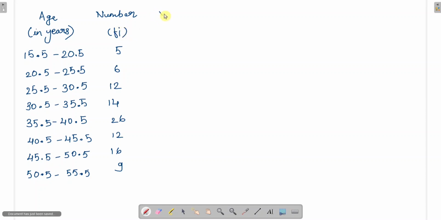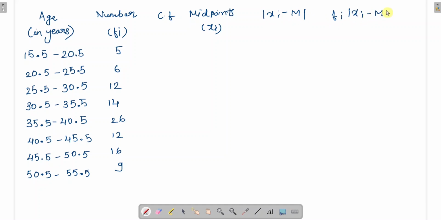Then we have to write the CF, cumulative frequency, then midpoints, that is xi, then modulus of xi minus M, then fi times modulus of xi minus M. So let us write the CF column.